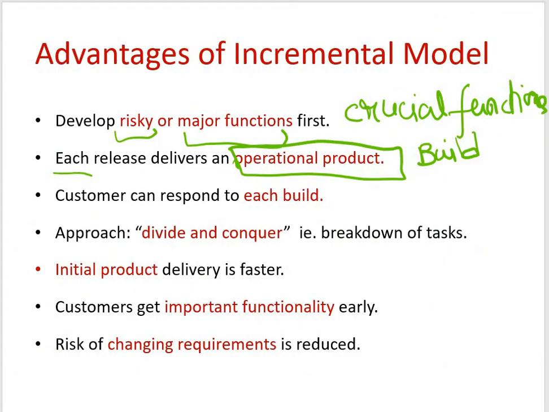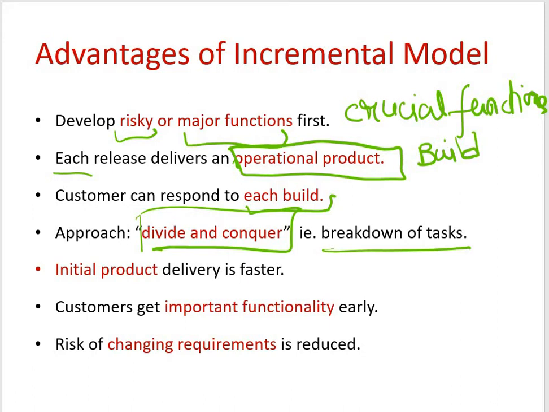Similarly, the customer needs to respond to each build, because I'm delivering some of the functionalities, so the customer will respond back that it is fine, or that we need some changes. And as I said, this is a divide and conquer approach, that is breaking down tasks into smaller chunks, incrementing all these, and you get a fully functional model.